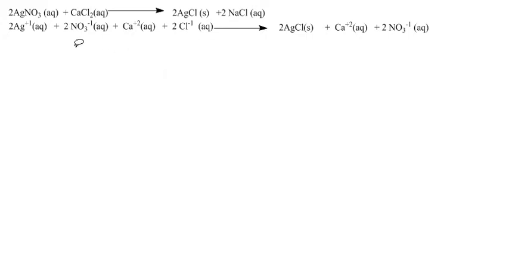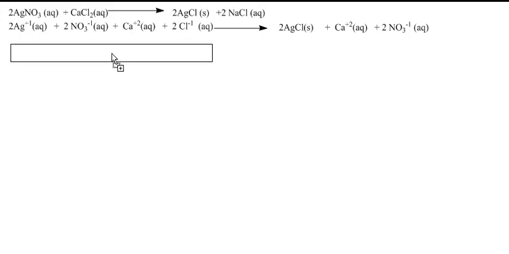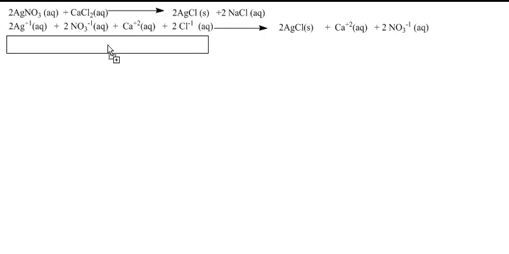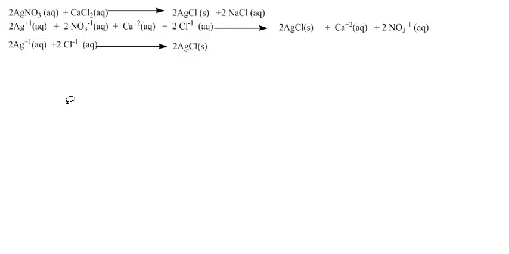So for instance, we've got two nitrates here, two nitrates here, two calciums here, two calciums here. Those are our spectator ions, and we get rid of them from our full ionic equation when we write our net ionic equation.